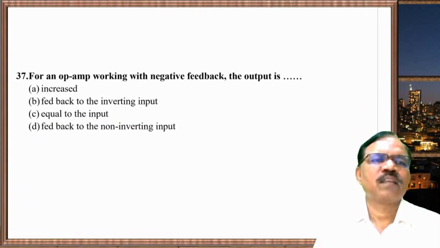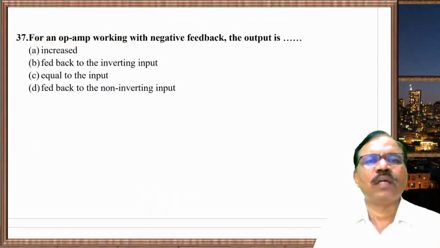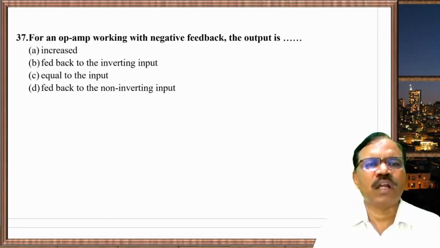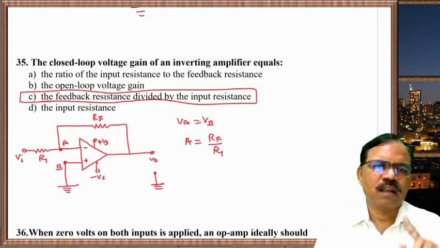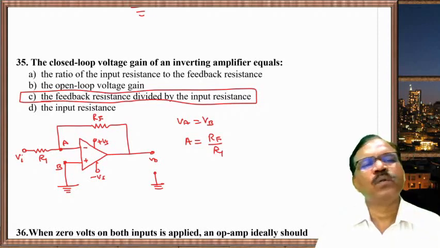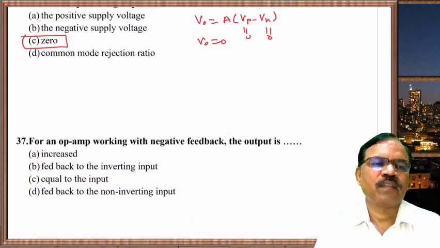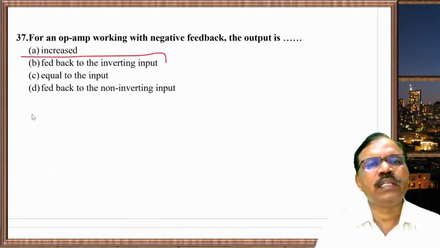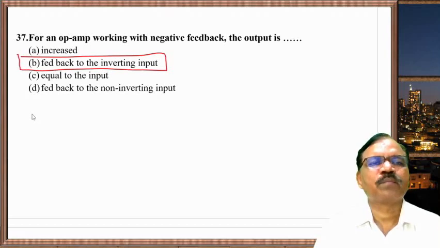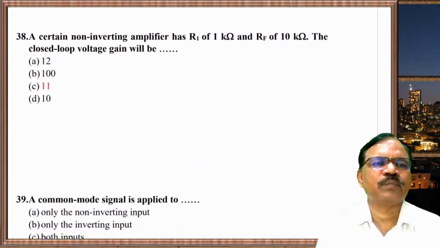Next one, for an operational amplifier working with negative feedback, the output is fed back to the inverting input. So here we have seen negative feedback, whatever output we have, its part is fed back to inverting terminal in negative feedback. So it is fed back to the inverting input.